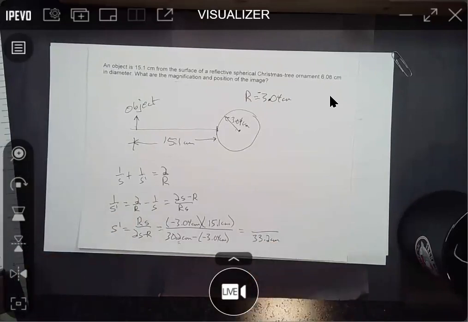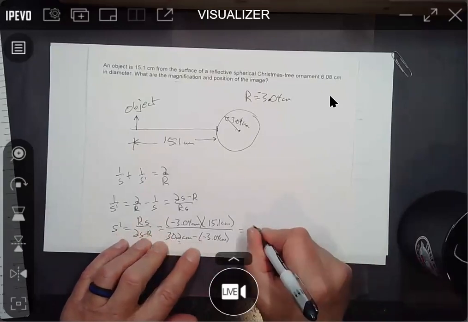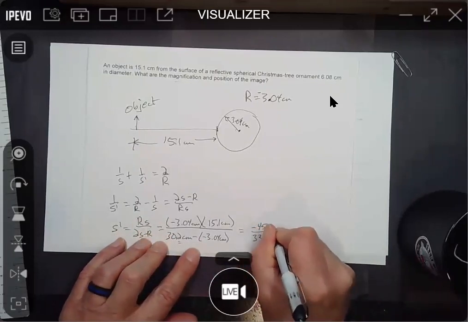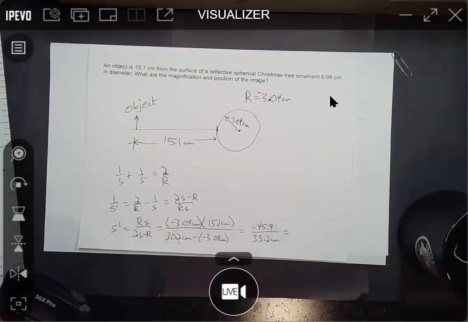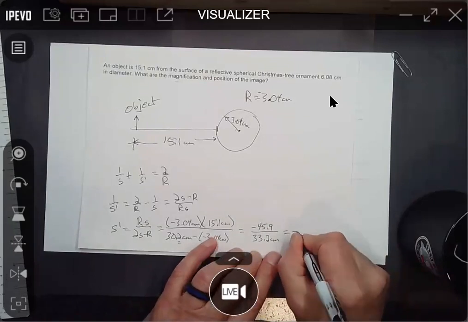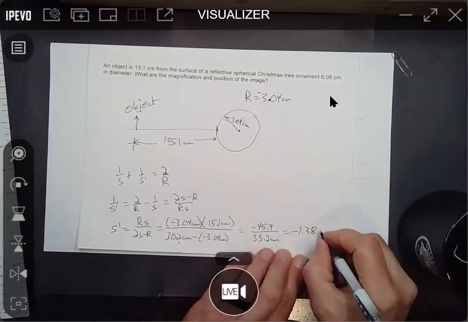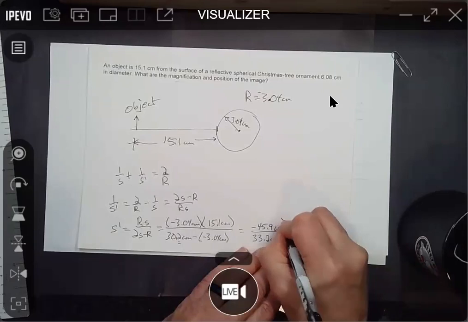And on top, 3.04 times 15.1, I get minus 45.9 centimeters squared. So 45.9 over 33.2 gives me minus 1.38 centimeters.